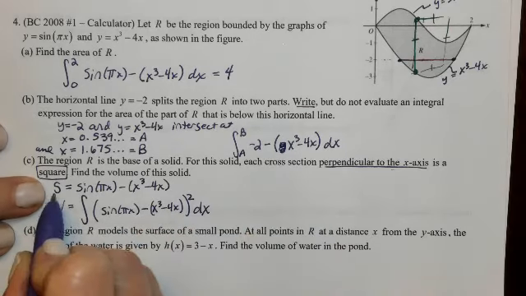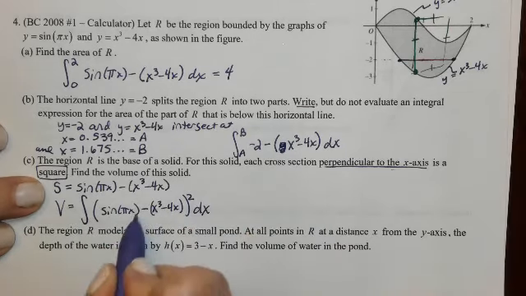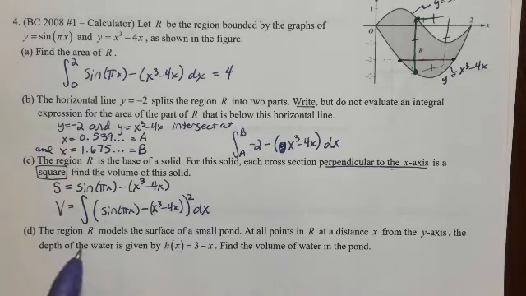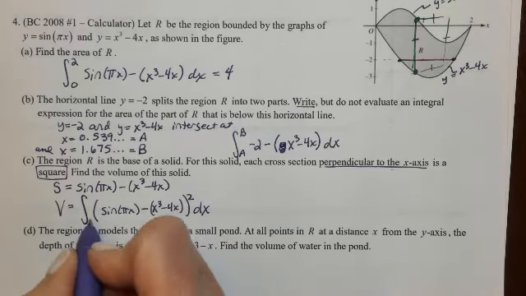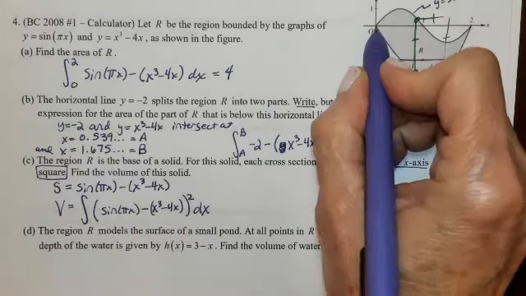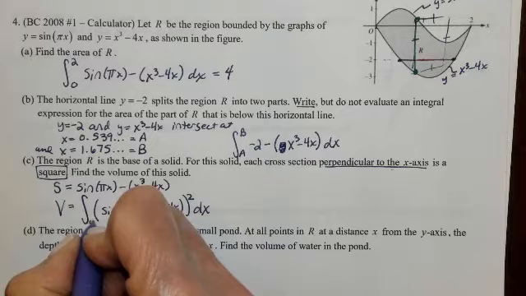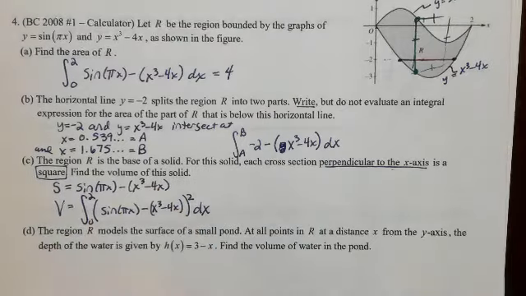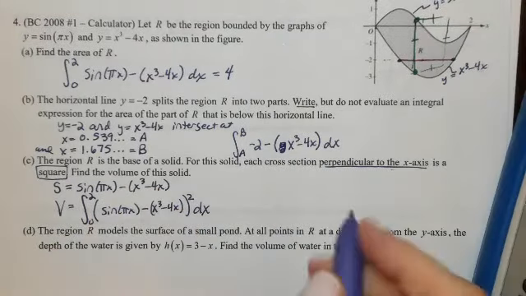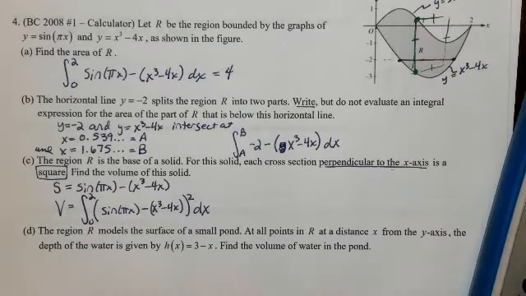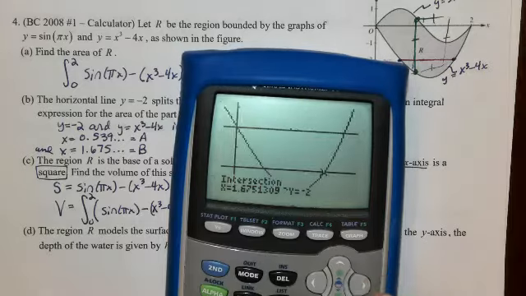Now, since I named this s, I could have just put s squared, and that would have been fine as well. And we're taking that from x equals 0 to x equals 2, so this is 0 to 2. So since it says find, I'm going to actually find it, not just write the integral, right?